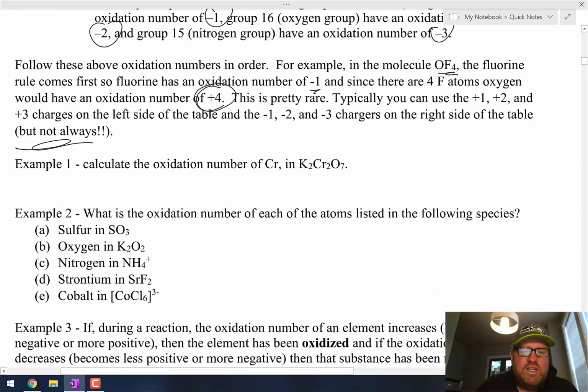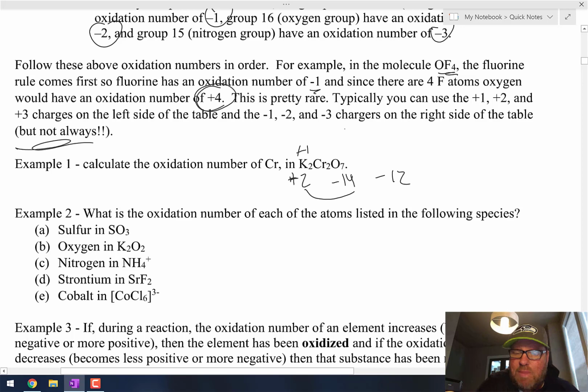So in example 1, it says calculate the oxidation number of chromium in K2Cr2O7. So potassium has a +1 charge, which it does, and there are 2 of them, so that means overall it's +2. Okay, so potassium's +2 in total. And oxygen is -2, and there's 7 of them, so that's -14. So we put those two together, and that equals -12.